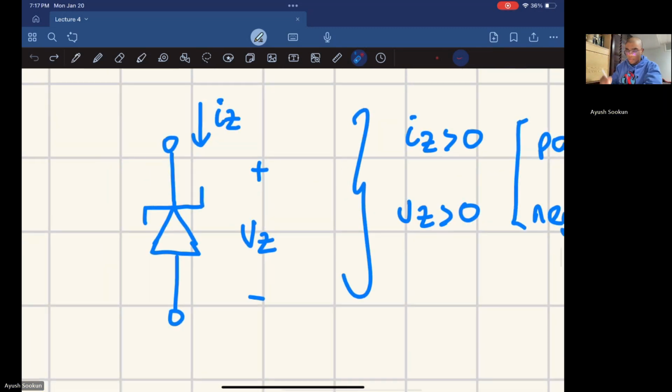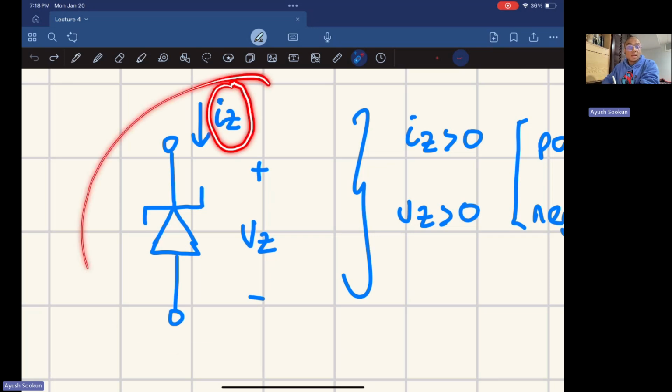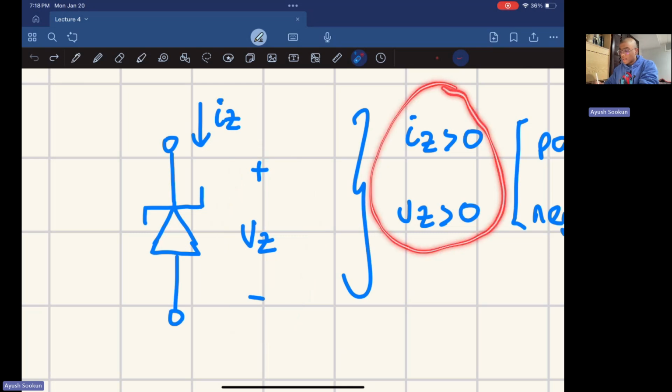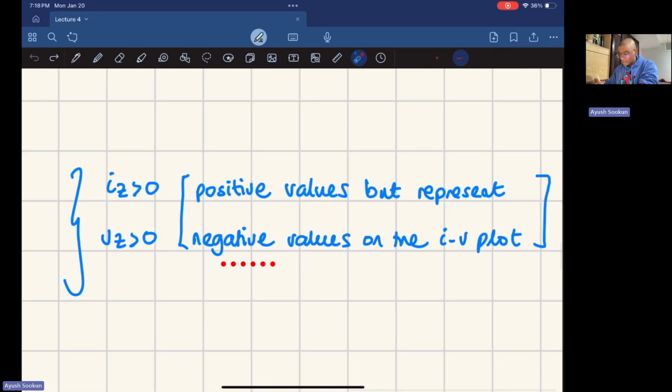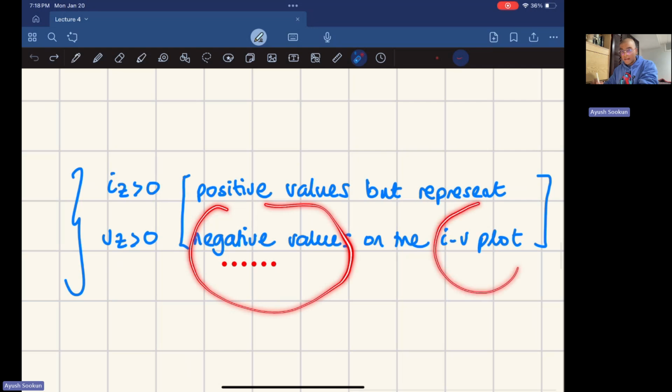Now, one thing to keep in mind very carefully: we are operating in the breakdown region. However, here, this current is positive when we're talking about circuits, and this voltage is also positive when we're talking about circuits. That's why I wrote IZ and VZ. Those are positive values in the representation of the standard diode. However, they represent negative values in the IV plot.